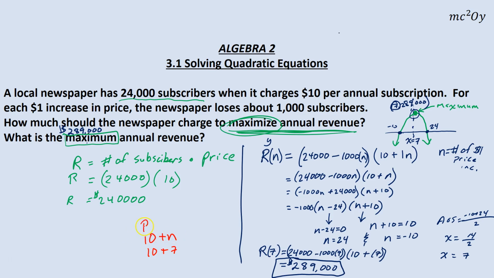This, remember, is equal to our price. 10 plus 7, or $17. So how much should it charge? Well, $17. At $17, you're going to have a maximum of $289,000.